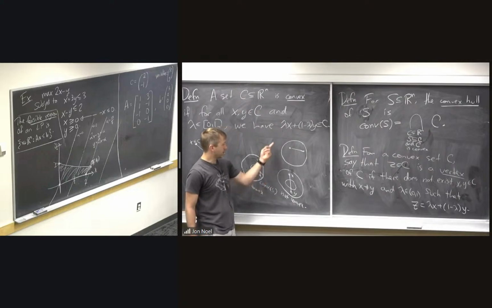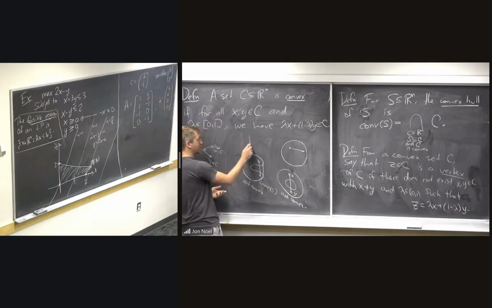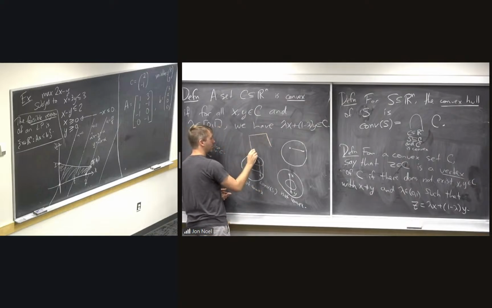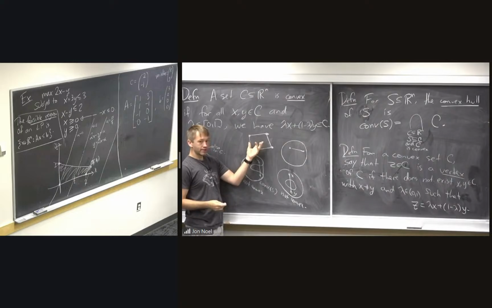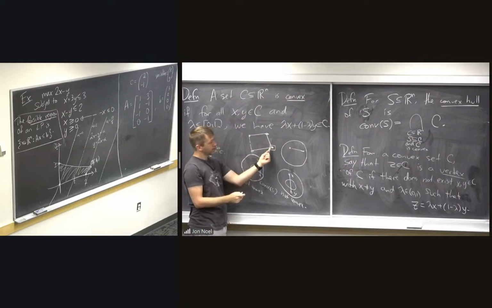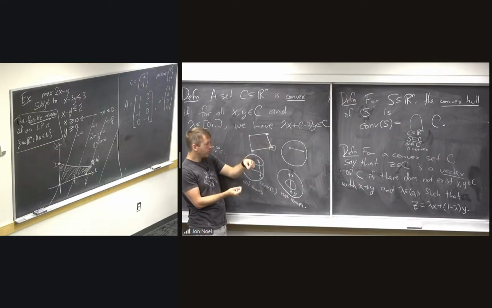So actually, like in these pictures, for a circle, there are no vertices. But if I draw some kind of thing like this, a square is convex. Take any 2 points in the square, the line between them is in the square. And this would be a vertex because at that point, there's no way to take 2 points in the square such that this point is strictly between them on their line segment, right?